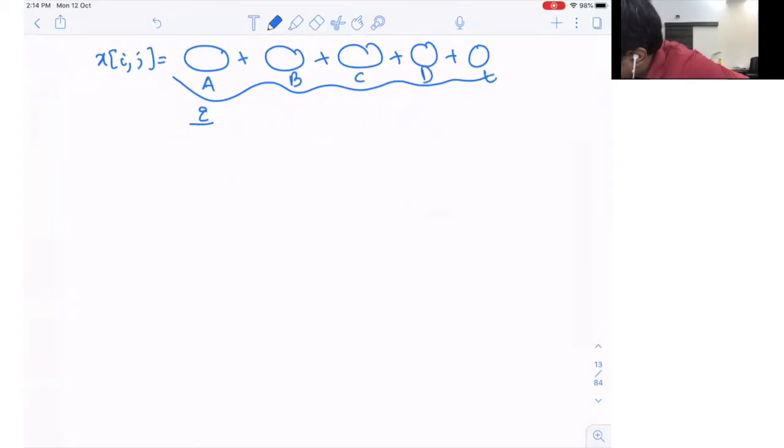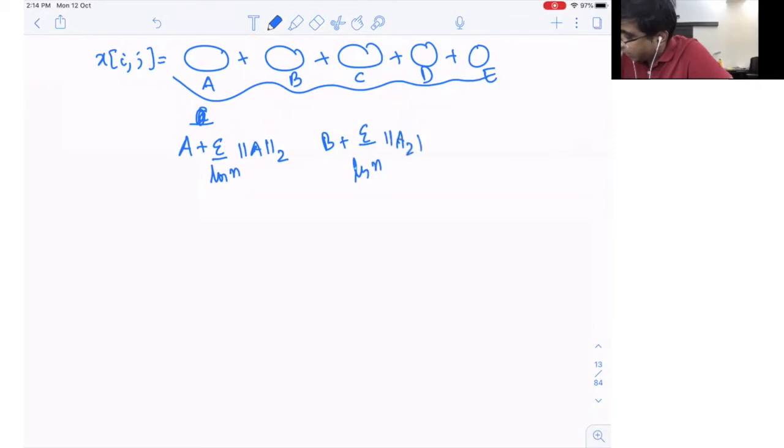Now I will give you A plus epsilon times log n of A, then B plus epsilon times log n of B, dot, dot, dot, there are some L of them.